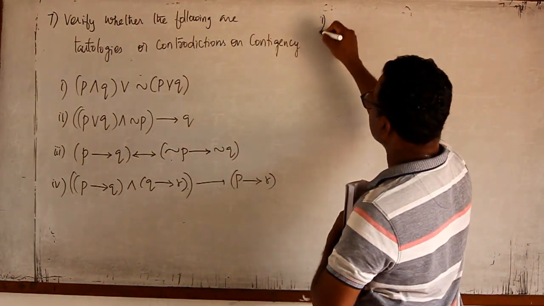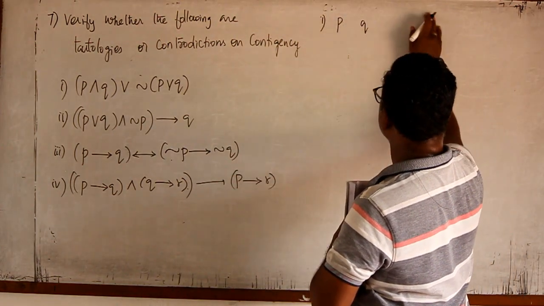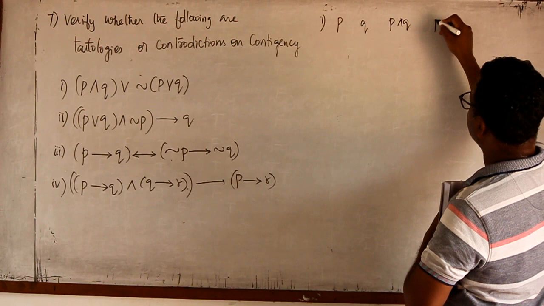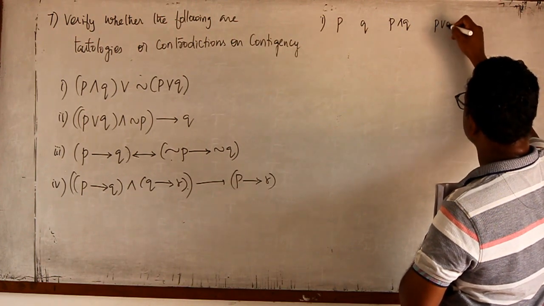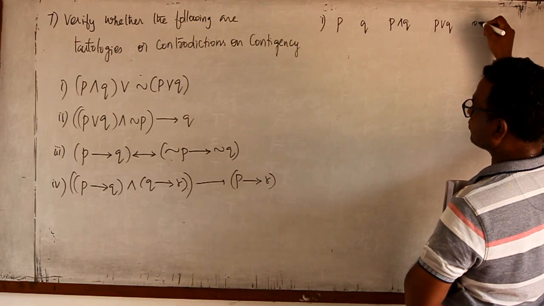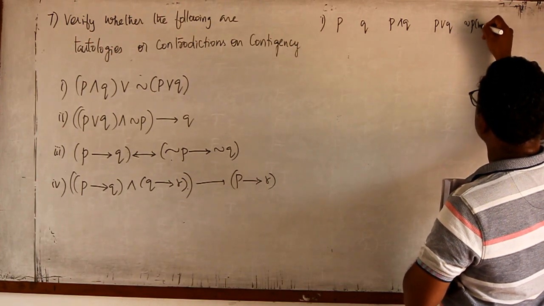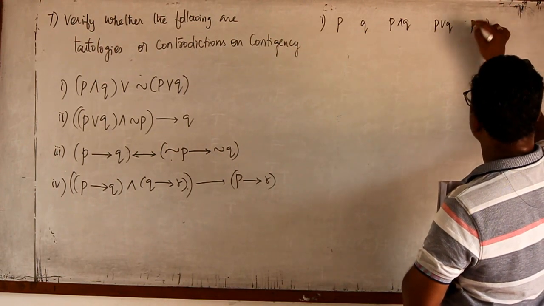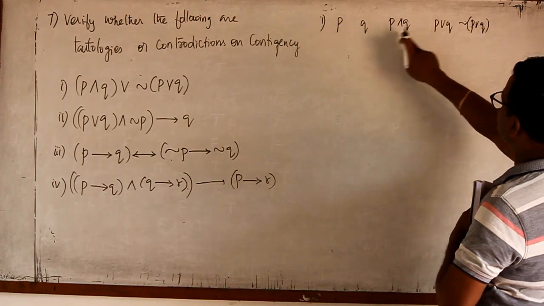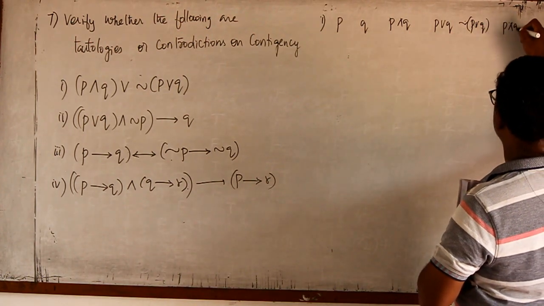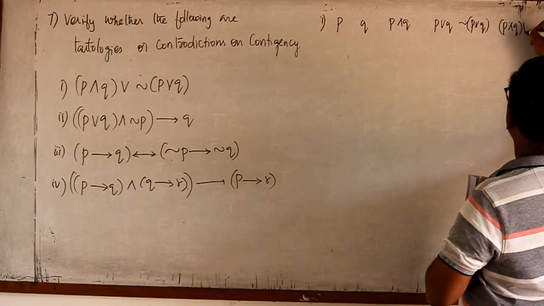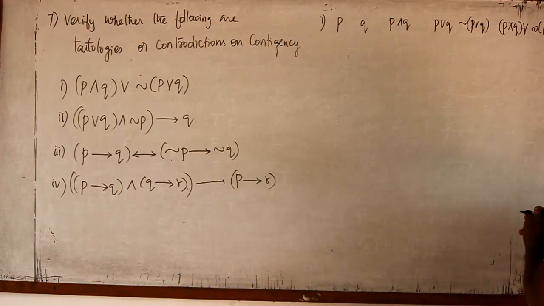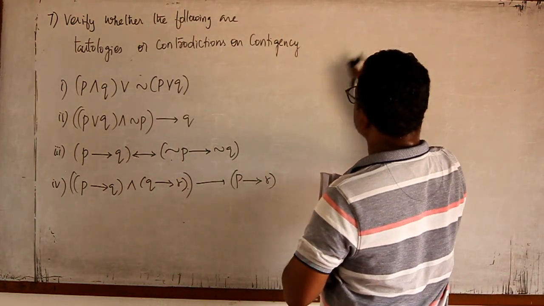So first one, I need P, then Q, then here itself P cap Q. I'll go for P, Q, then negation of P or Q, negation of P or Q. Then I must combine these two: P cap Q or negation of P or Q. Or else I write somewhere still.